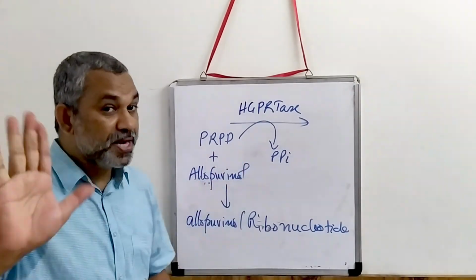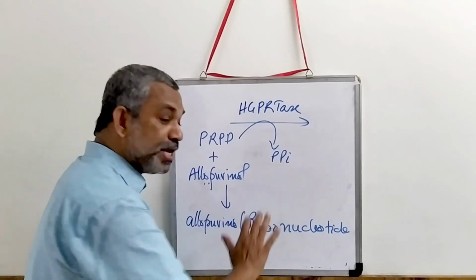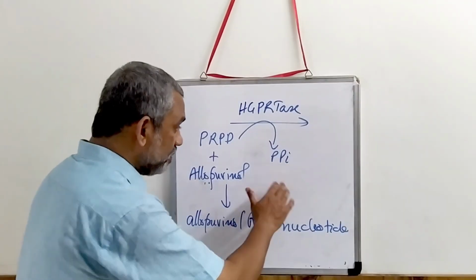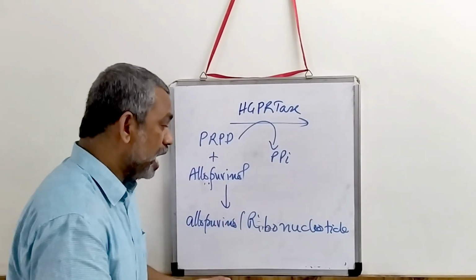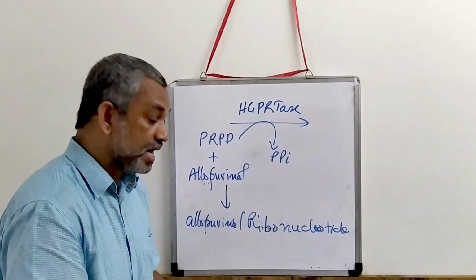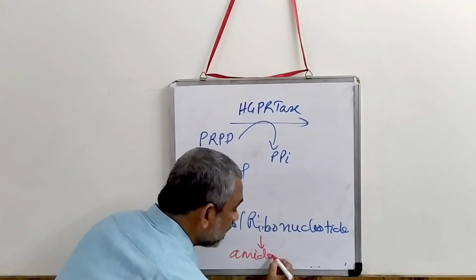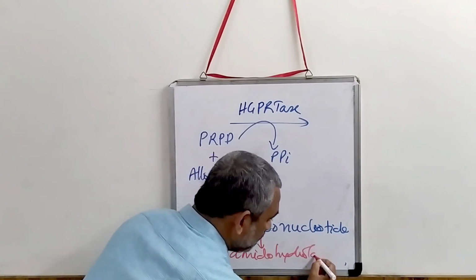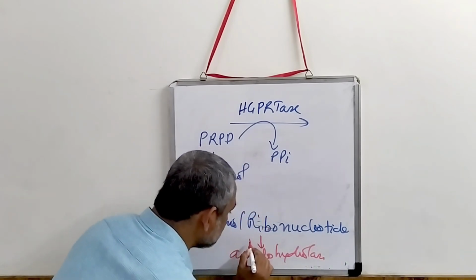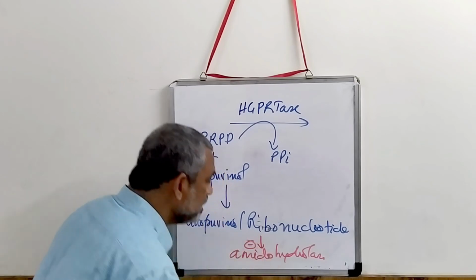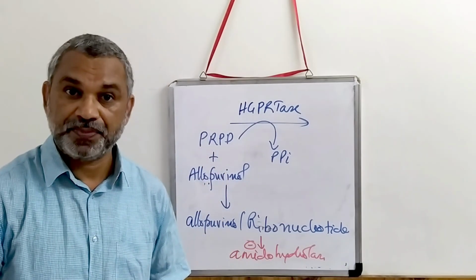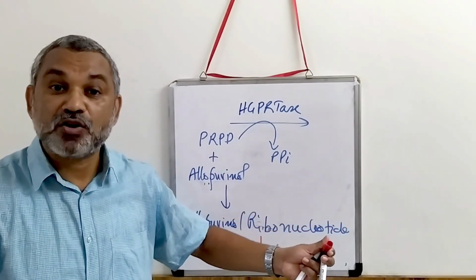So what happens with the allopurinol ribonucleotide? PRPP is not available now, and inorganic phosphate is released. Allopurinol ribonucleotide is an inhibitor of amidohydrolase, so purine synthesis cannot occur.